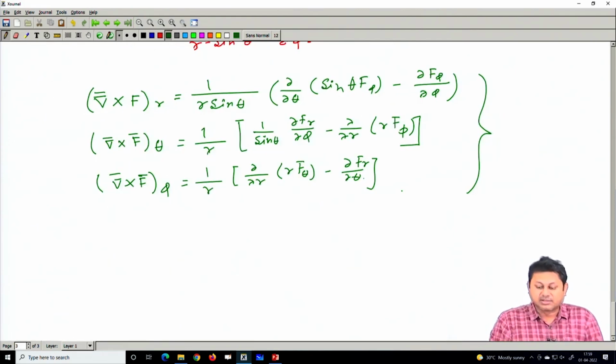Maybe I can make a mistake, there is a possibility, because there is a huge number of expressions I am writing right now. So, please check yourself using some standard book, and then practice a few problems where you calculate the curl when the vector field is given in the spherical polar coordinate system. It will not be as easy as for the Cartesian coordinate system. You need to use these expressions, whatever I have just written here and whatever is shown now on this computer screen.